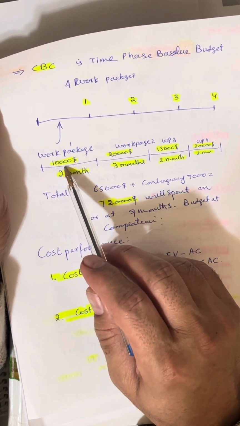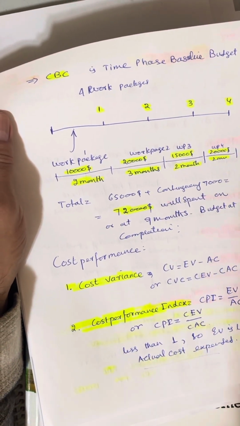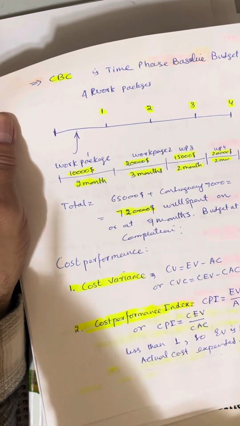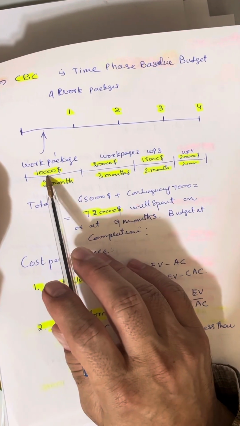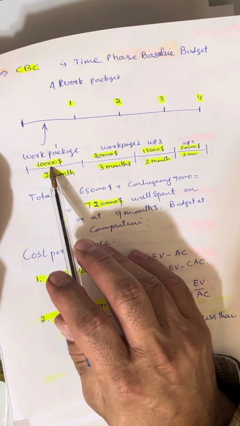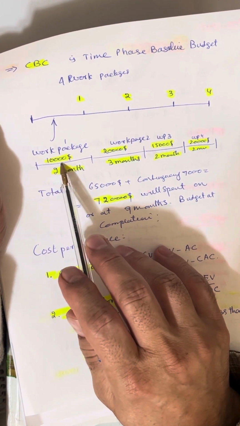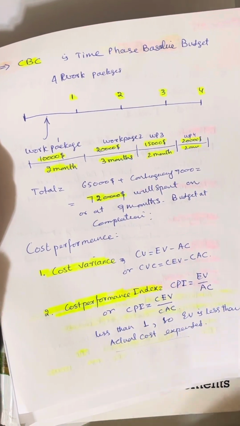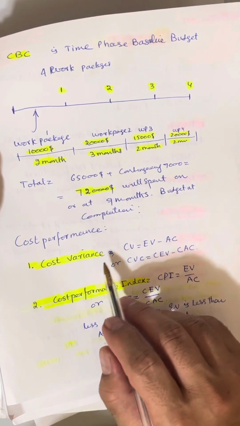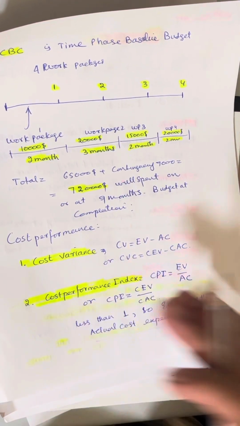So here you will get the idea whether you are ahead of or below the cost. Let's say it's $10,000, and after 1 month the project has spent $11,000. So you spent $1,000 more. That we can get from cost variance. This is the equation. I will explain it later.